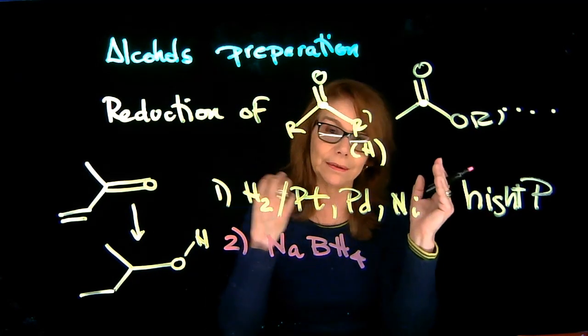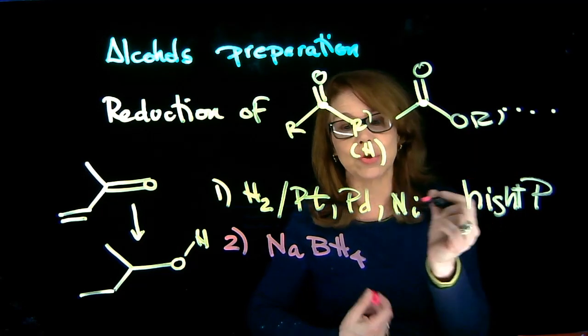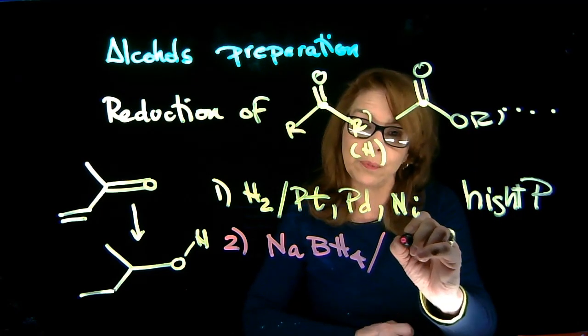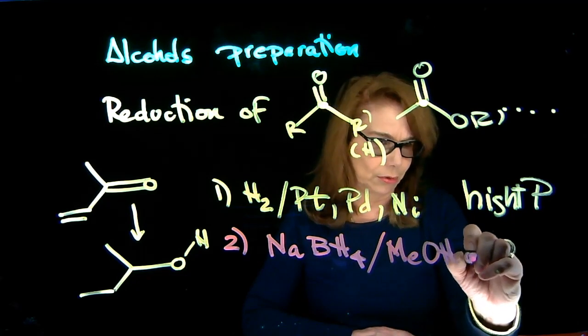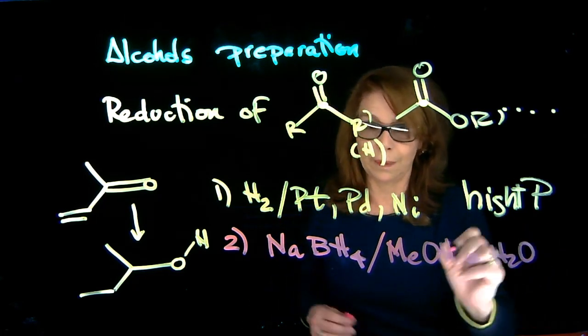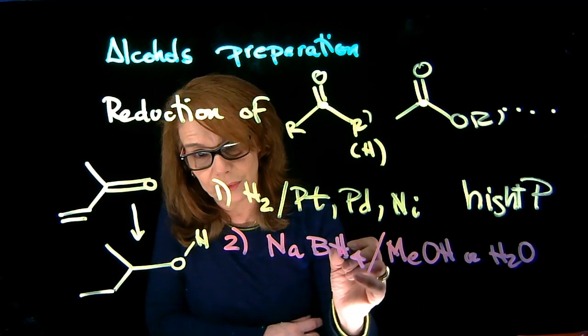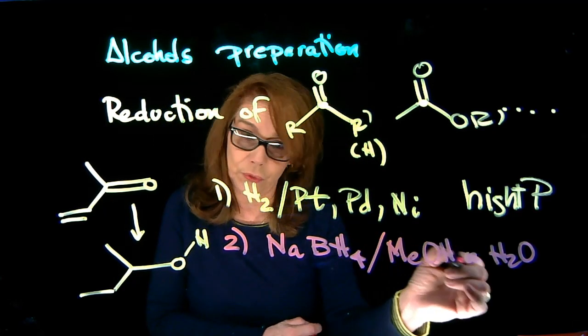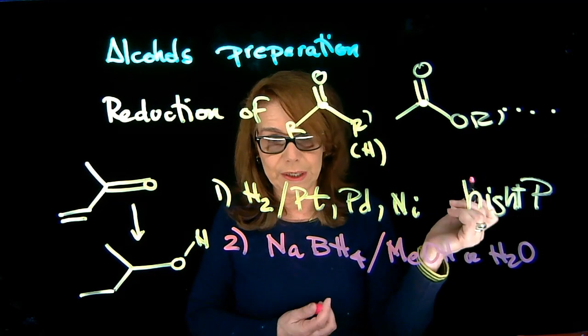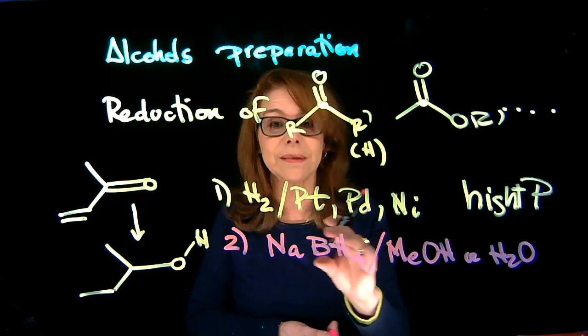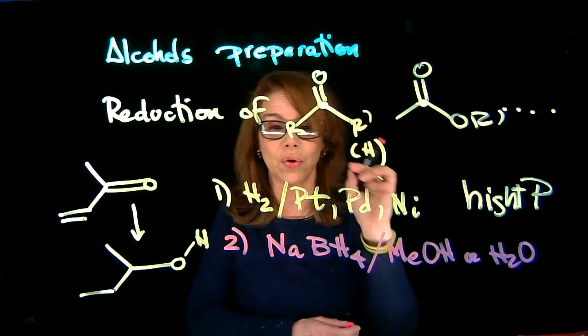We can handle that under conditions with protic solvents, such as methanol or ethanol or even water, because even though it reacts with those protic solvents to form hydrogen gas, destroying the reagent, it does so slowly. It's slower than its reaction with the carbonyl.